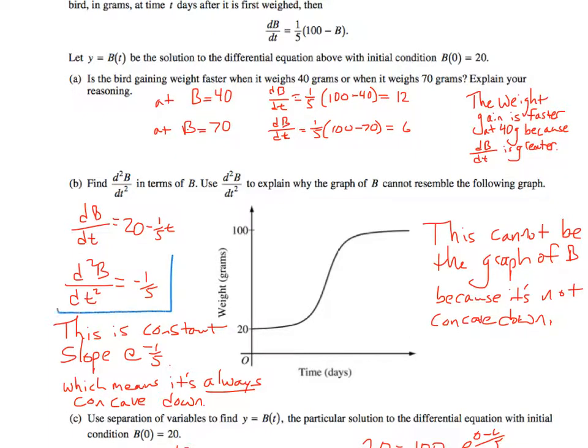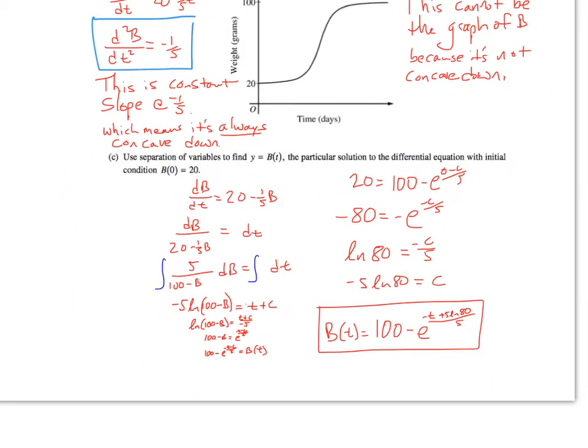It's a constant because the original slope function is a linear function. So the second derivative is a constant, and it's negative. That means it's concave down. Negative second derivative means concave down, so it's always concave down. Is this concave down? No, it's concave up and then concave down, so we get a problem there. It's got to always be concave down.